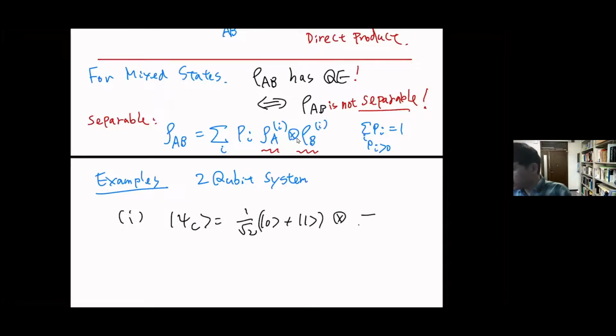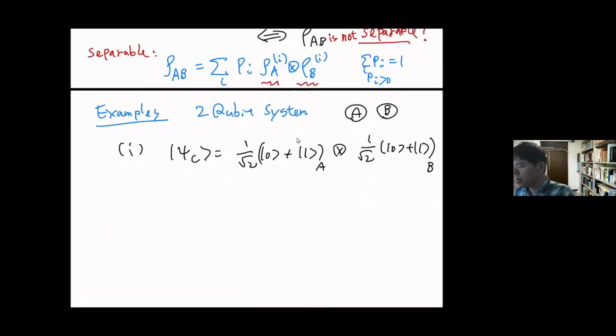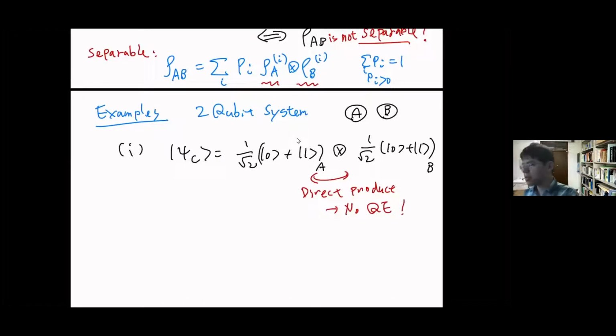This is just an example: we can take a linear combination for the A spin and the B spin. There are 2 spins, A spin and B spin, so this is a 2-qubit system. But anyway, these are just direct products. In that case, there is no correlation at all, no quantum entanglement.